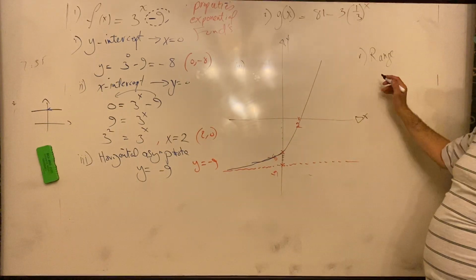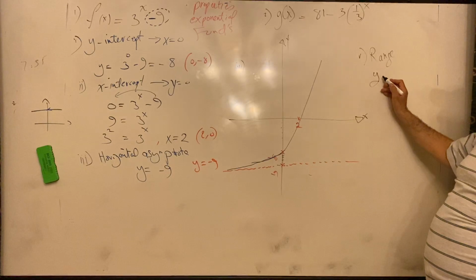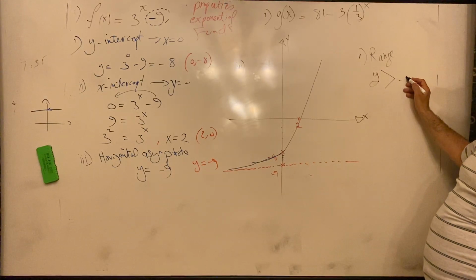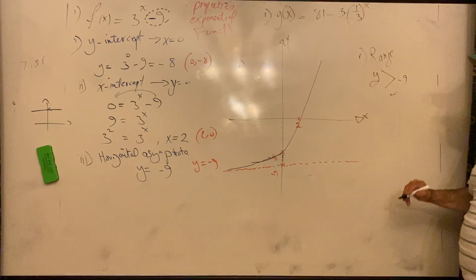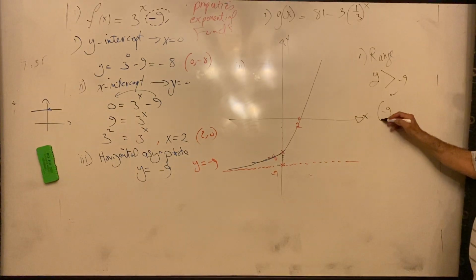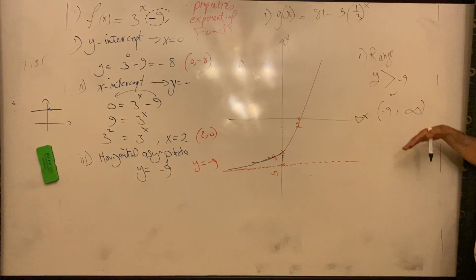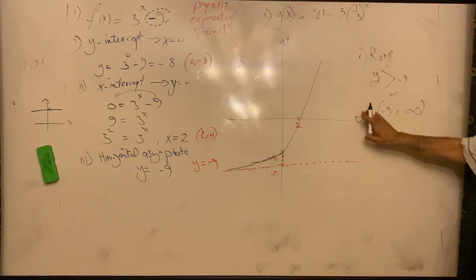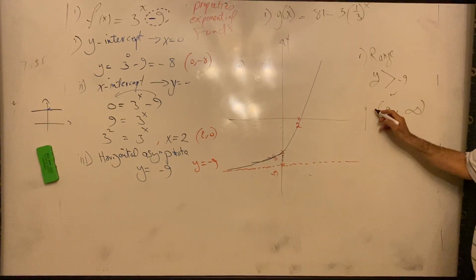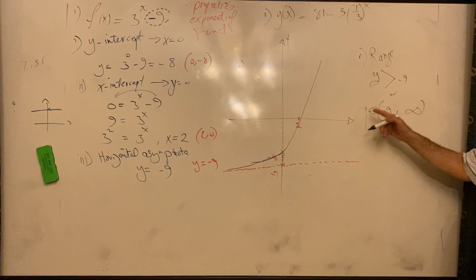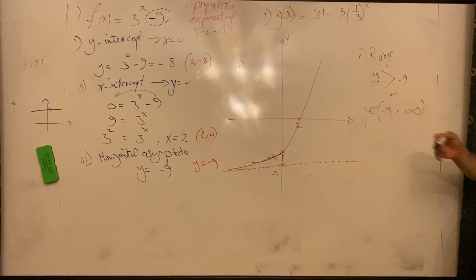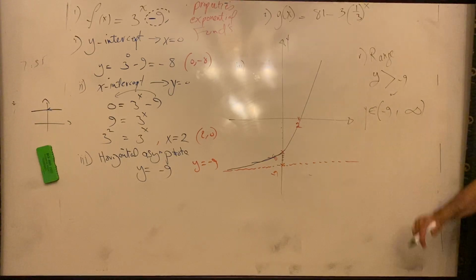So your range is all the possible values of y that are larger than -9. I can write it a different way: -9 is the smallest one and it goes all the way up. Don't forget, these are the y values. This little abbreviation means all the values of y that belong from -9 upward.